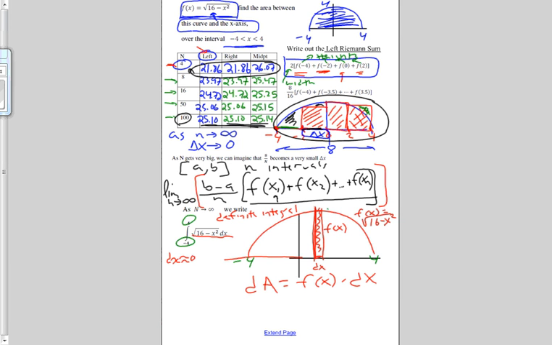So imagine taking a bunch of strips, all of width dx. So take another strip, width of dx and height of f of x. And each of those little areas has this equation, f of x, the height, times dx, the width. And so what the definite integral says is the sum, think of that as an s.